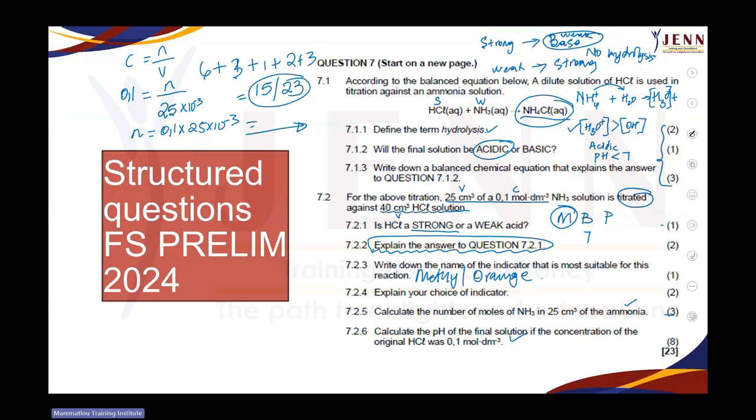You have calculators there. You can see that 15 out of 23 is a lot of marks. It's higher than 50%. So they would have been able to do that. So where are the marks in this question? The marks are in calculating the number of moles.